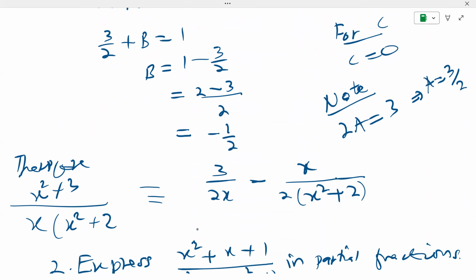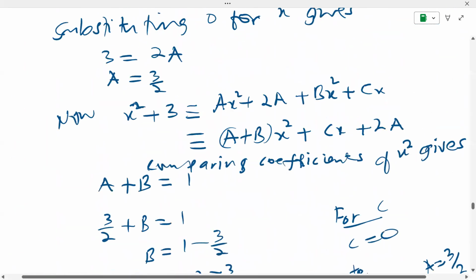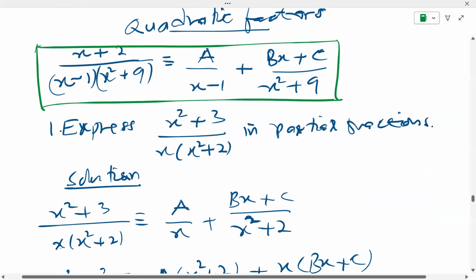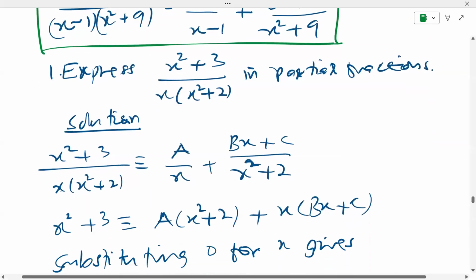So our expression will be equal to that. So look at it again and see the explanation that was carried out and follow the trend.